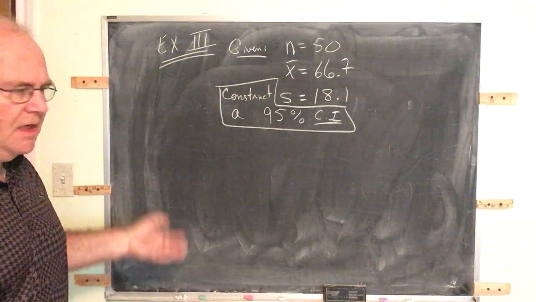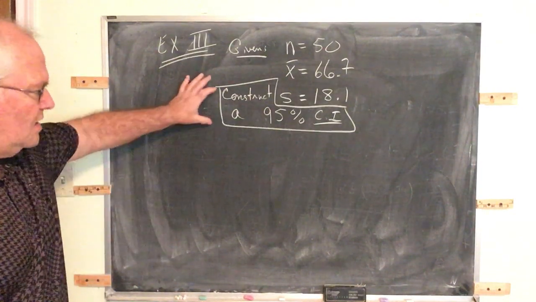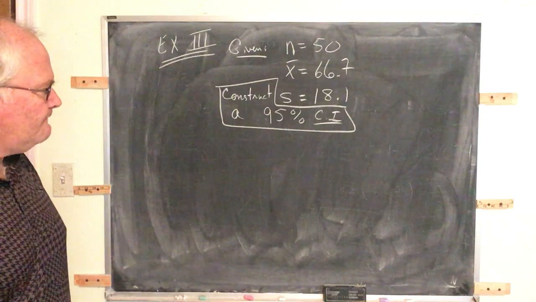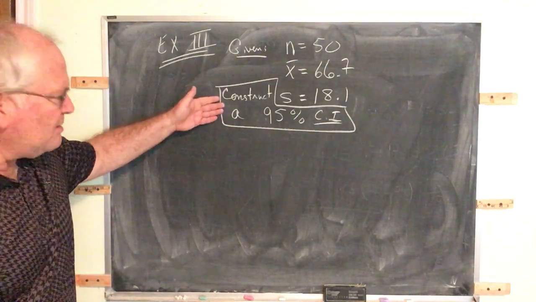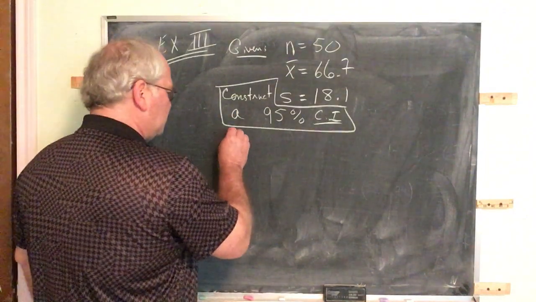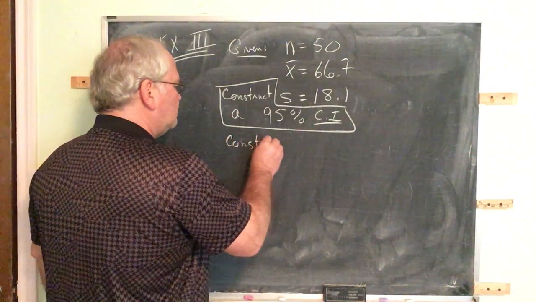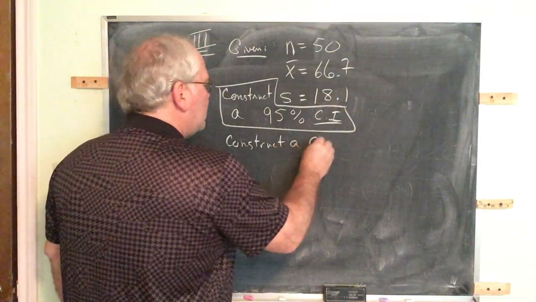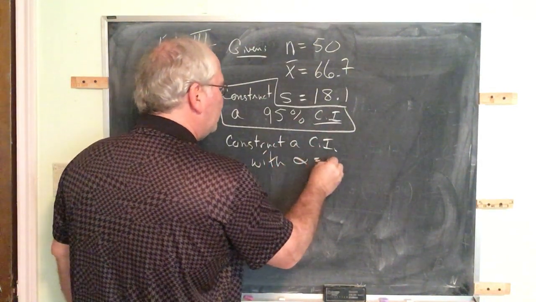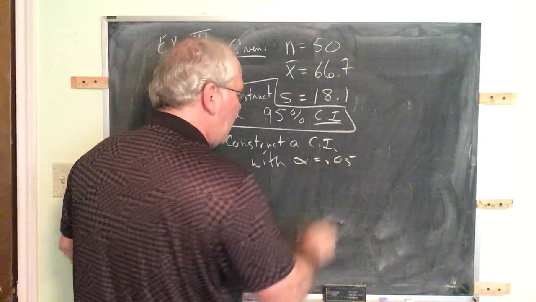The nice thing about this is really there's only one way to state this question. It's not tricky, it's not challenging. Construct a 95% confidence interval. I suppose one way to ask the question slightly differently, it could say: construct a confidence interval with alpha 0.05.